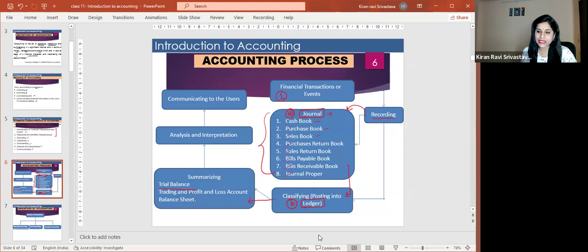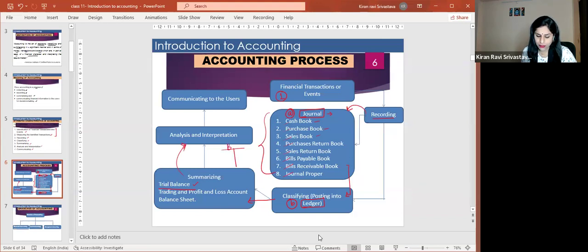And this is a place where, if there is any error in maintaining the books, this is the first place where you can do the accuracy check. And then after summarizing, it goes to analysis and interpretation. And here there is something called balance sheet.